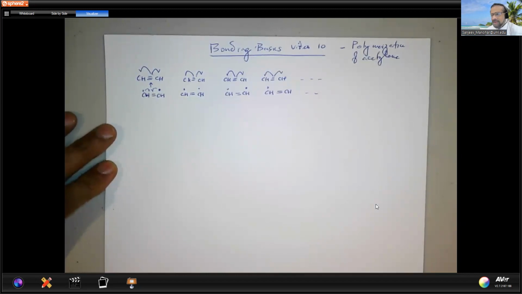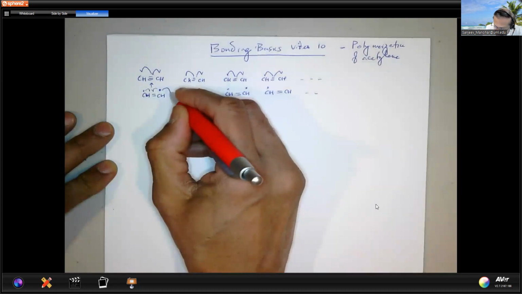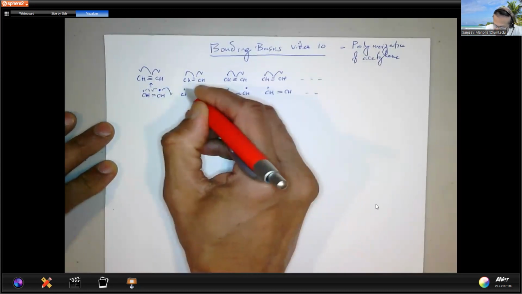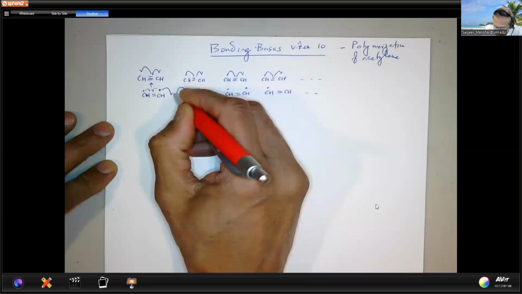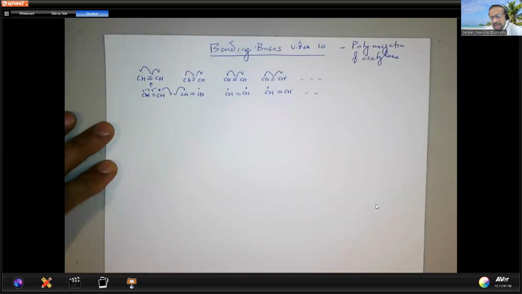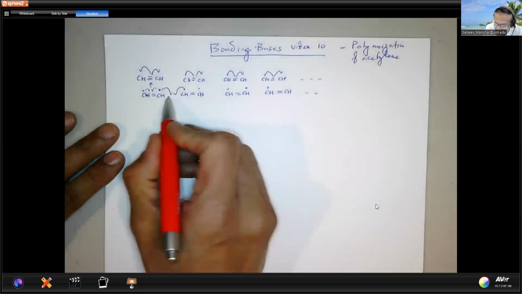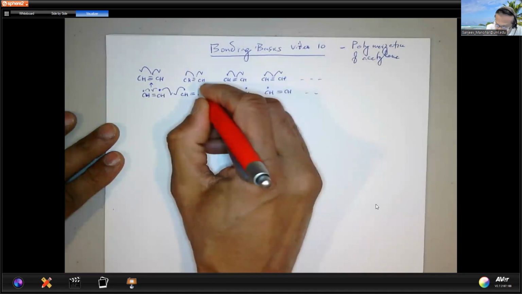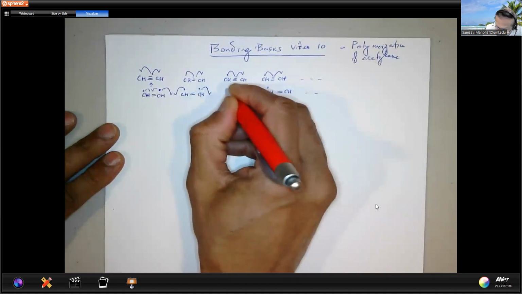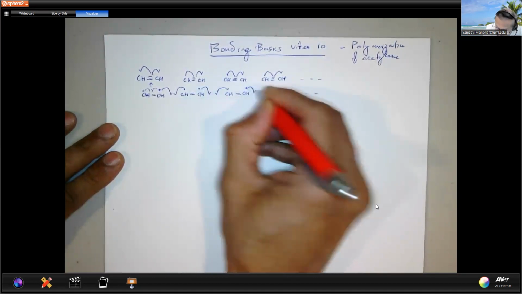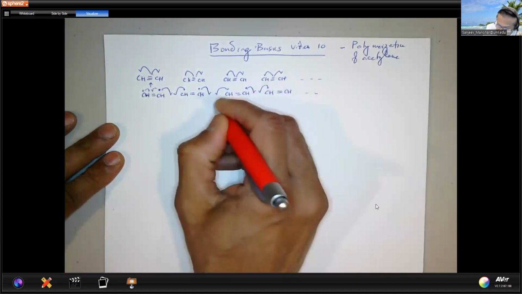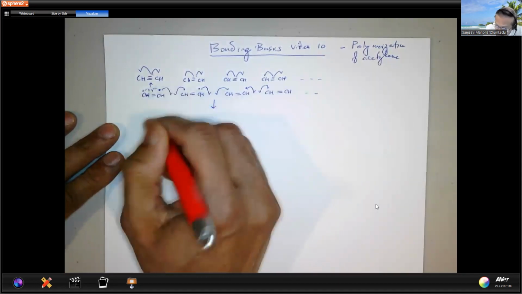That's no reaction at all. Or the electron from the carbon of the next polyacetylene molecule can come into the empty space and try to make a bond here with the two electrons. Similarly, this one can come here, this can come here. Now you see what happens, right?